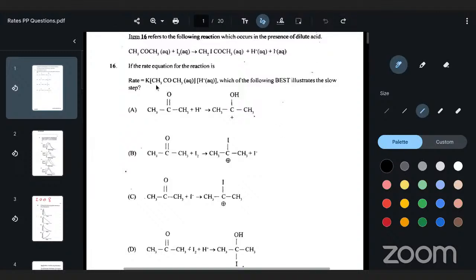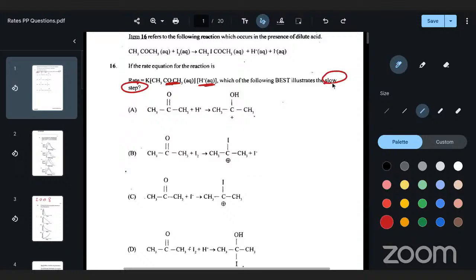Whatever is in the rate equation, that was in the rate determining step. So remember, whatever was in the slow step, that is what will be in your rate equation. So if these two are in the rate equation, what is the answer? Is it A, B, C, or D? A, sir. A, right.